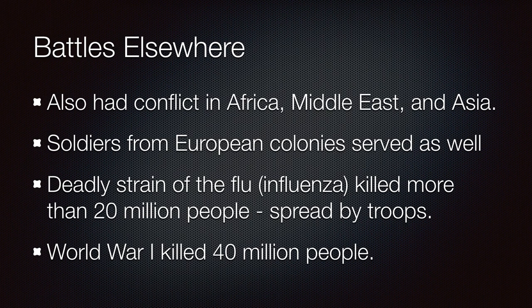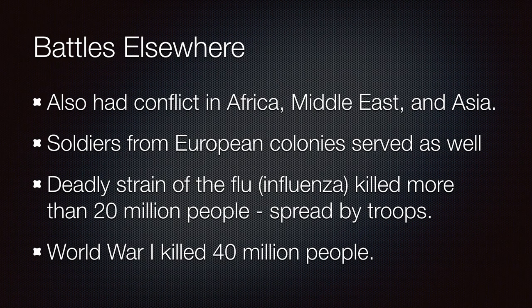The deployment of troops from all over the world helped to spread a particularly deadly strain of influenza, and influenza actually killed more people than the actual fighting. It killed about 20 million people just from the spread of the flu. It basically killed 1 in 40 of those infected, in almost every person on Earth. So it killed a lot of people.